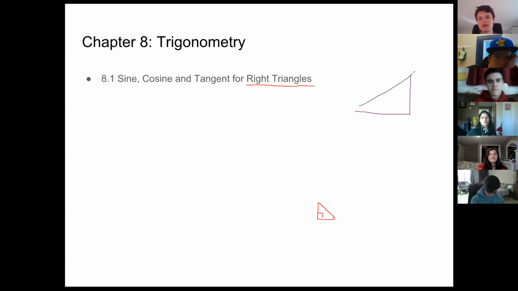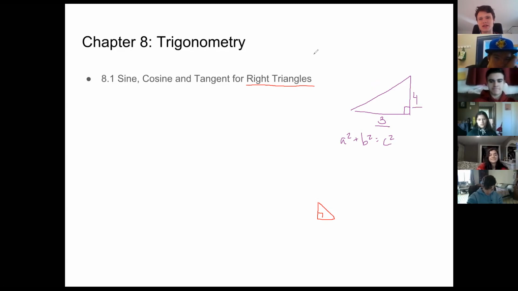The Pythagorean theorem, which you may remember, is a squared plus b squared equals c squared. It's a relationship between the sides of a right triangle, right? And one of the nicest, one of the kindest is this one here. If you draw a right triangle and one of the arms is 3, the other is 4, we know for sure that this last one is going to be 5.